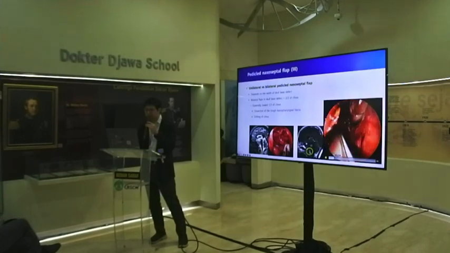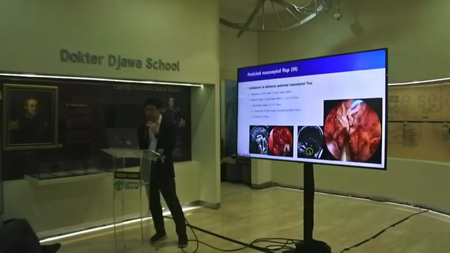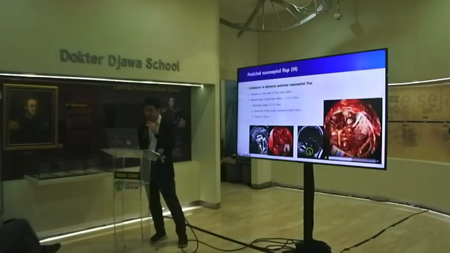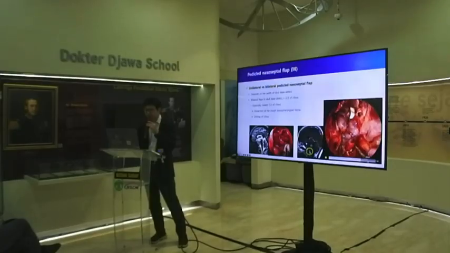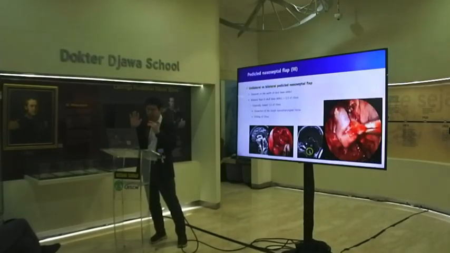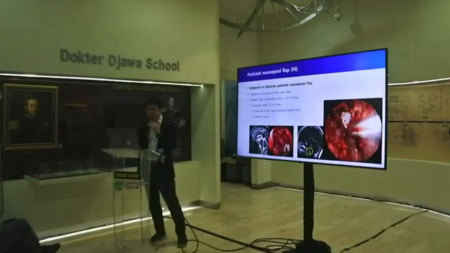Like this, that's how we can prepare the bilateral nasal septal flap and expose the clivus. Like this after the surgery, you can put the bilateral nasal septal flap covering most of the clivus.